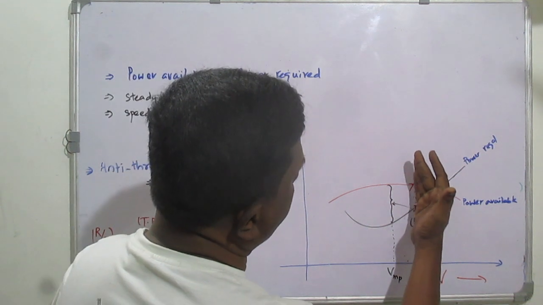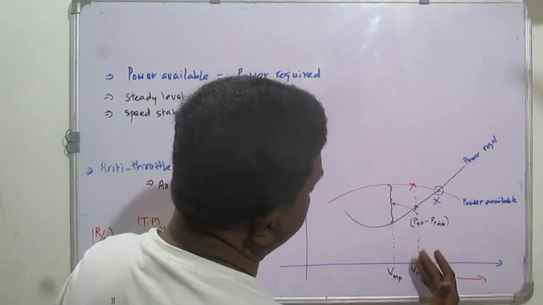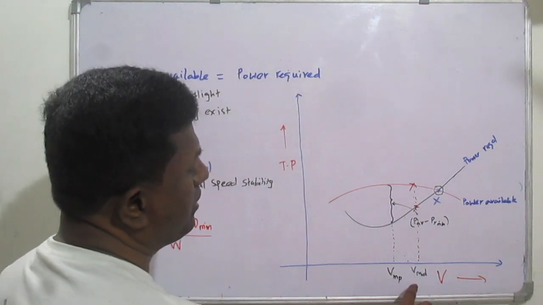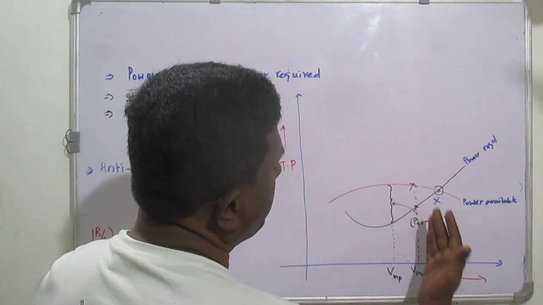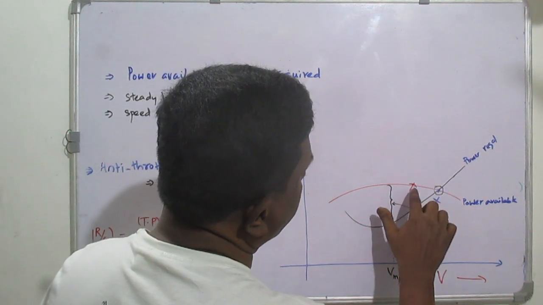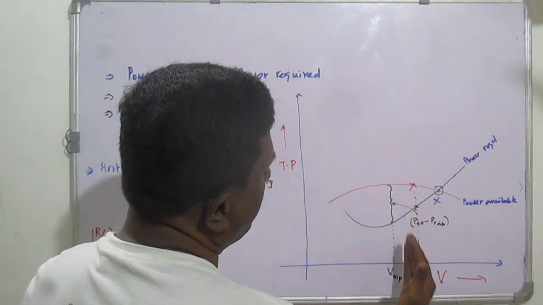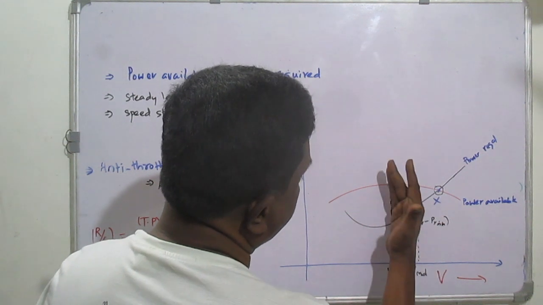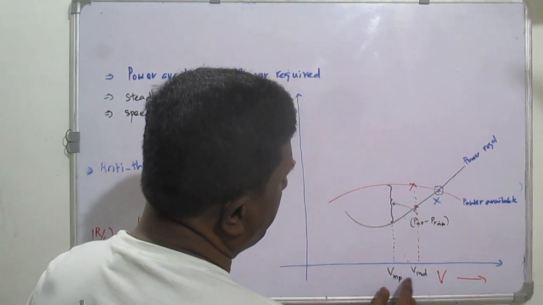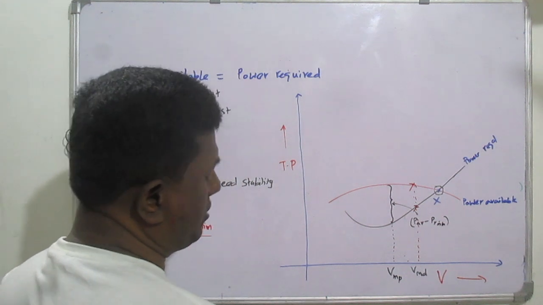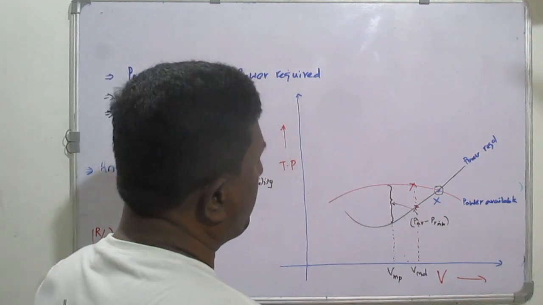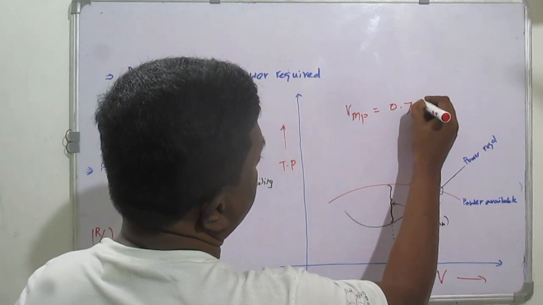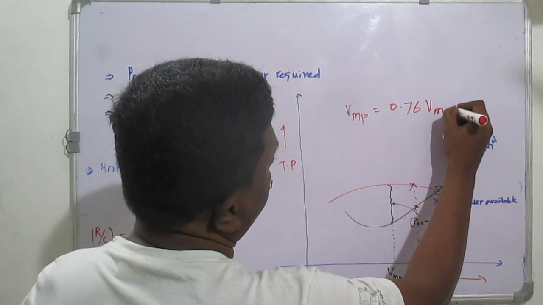For example, suppose the minimum drag condition exists. Then going from this point to this point is very easy. But if you say minimum power conditions, we all know the minimum power velocity is slightly lower than the minimum drag velocity, because minimum power velocity is nothing but 0.76 times the minimum drag velocity.